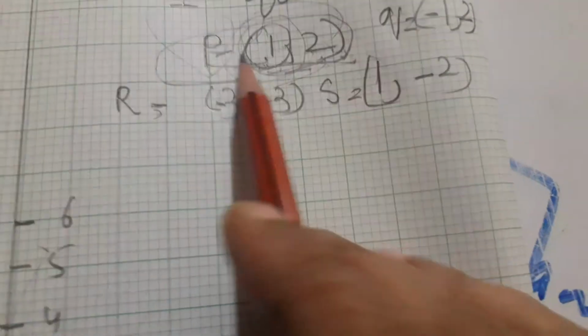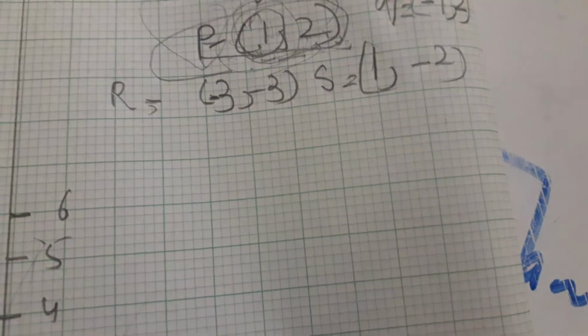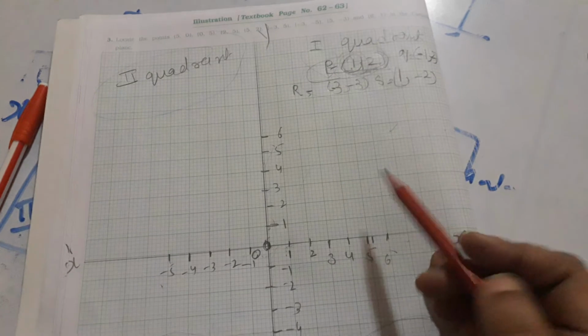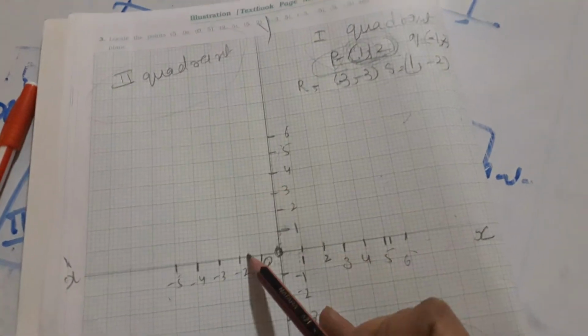Now this point I want to represent on the first quadrant. I told you this is the first quadrant. Now it is divided into 4. This is the first quadrant, this is the second quadrant, this is the third quadrant and this is the fourth quadrant. Got it? X-axis above, y-axis right side, first quadrant.